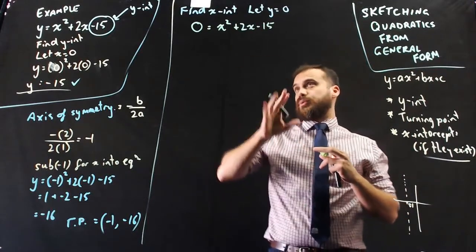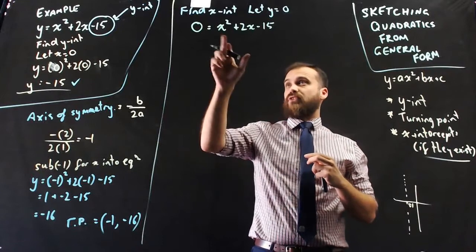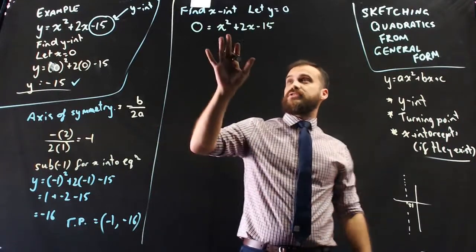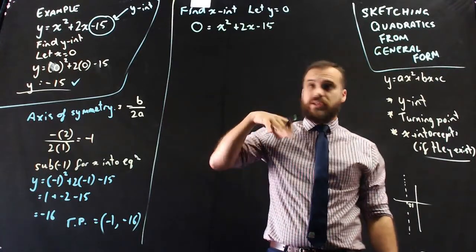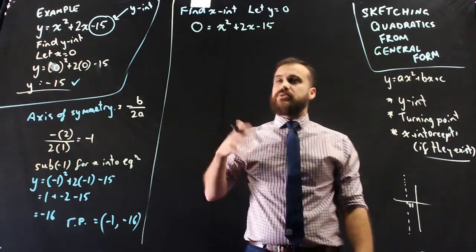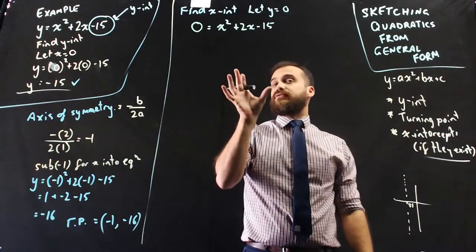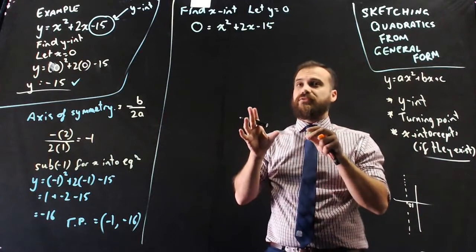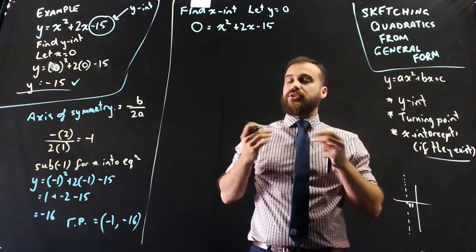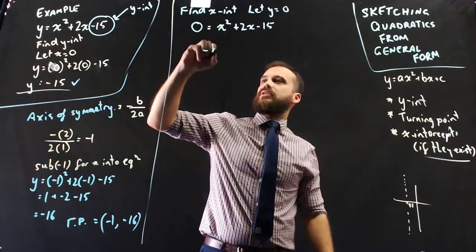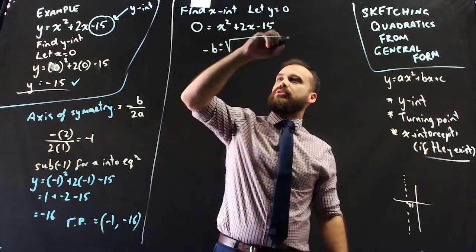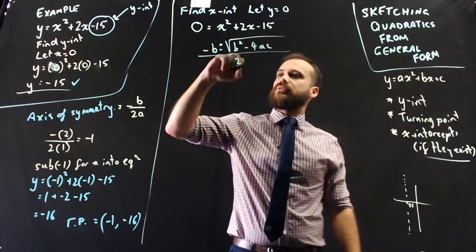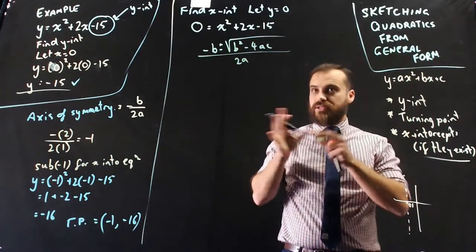Now, we need to solve that. We need to find out what our x values are. And there are two ways you can do it. If this factorizes neatly, you can use the decomposition, AC method, splitsies, whatever you want to call that. If it factorizes, factorize it. But if you're not sure if it's going to factorize, the best way to do it is to use the quadratic formula. Negative b plus or minus the square root of b squared minus 4ac all over 2a. That'll give us our two roots.